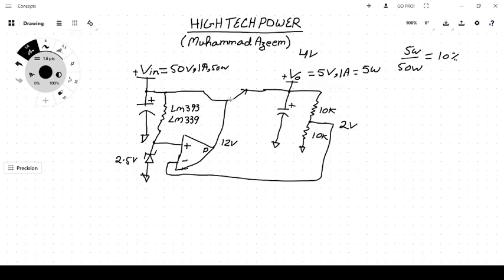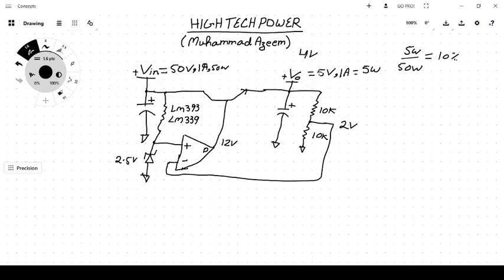So because of 12 volt, the transistor would get saturated, and due to saturation there would be no drop across the series pass element, and the 50 volt would tend to go to the output voltage, and in this case the output voltage would suddenly increase from 4 volt to 5 volt, right?